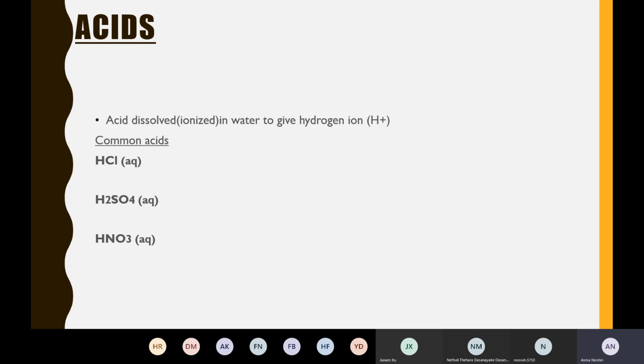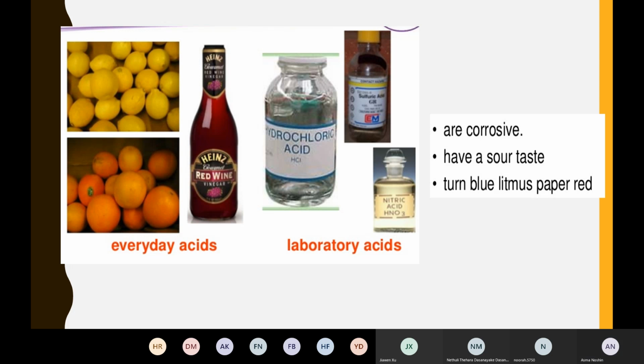They ionize completely in water to give you hydrogen positive ions. Now, properties of an acid. They are corrosive, their taste is very sour, and they turn blue litmus paper to red color.